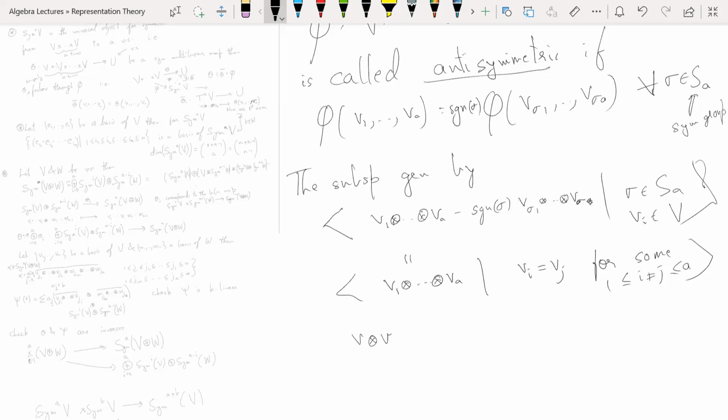If two of them are the same, then you consider the permutation ij in SA. What I'm trying to say is that if you go mod this subspace or this subspace, you get the same answer.